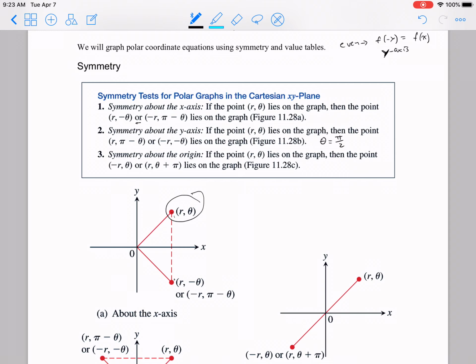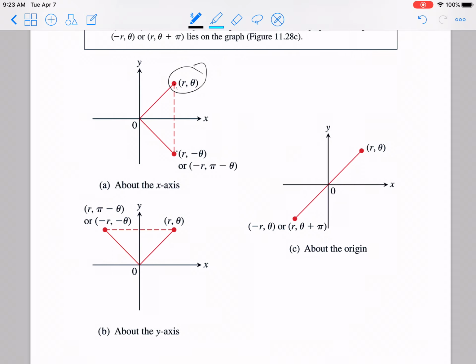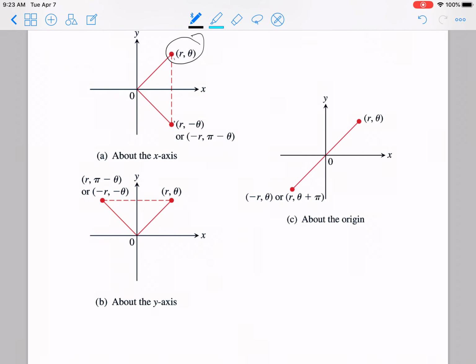If you look over here, that's this graph right here, about the y-axis. You can see here's our theta, and then here is r, and then what we're doing is going to pi and then back a theta amount. So instead of going theta, we went pi and then back negative theta, and that gets us that one.